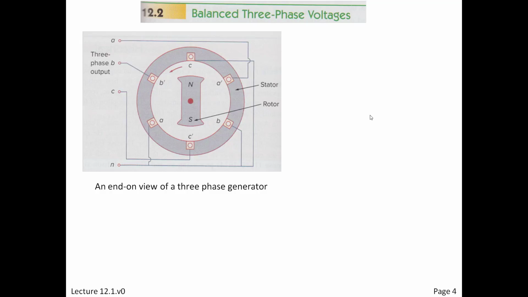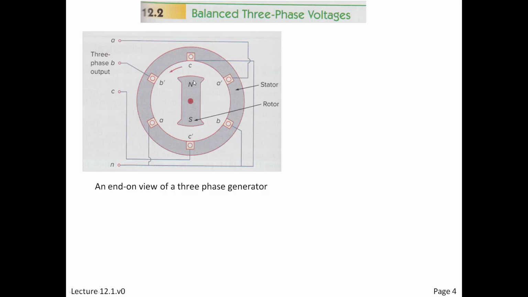And in this case, it would have three sets of coils on the stator. Notice the three sets are marked by A and A prime, so looping of the coil might go around like this. The B set, same way, and the C set the same way.